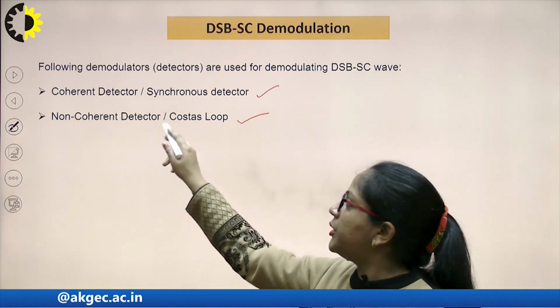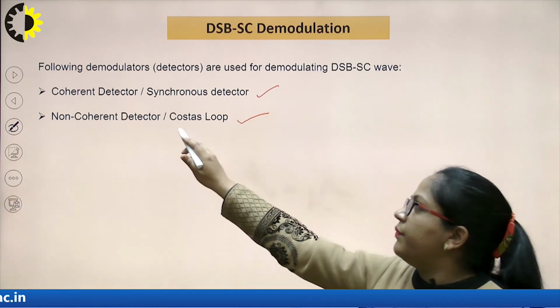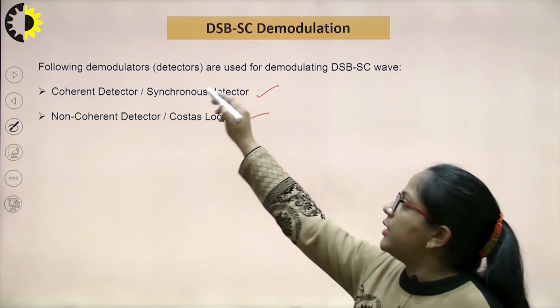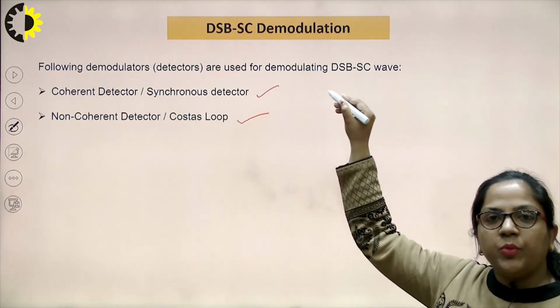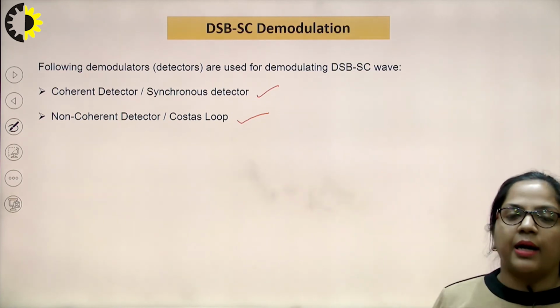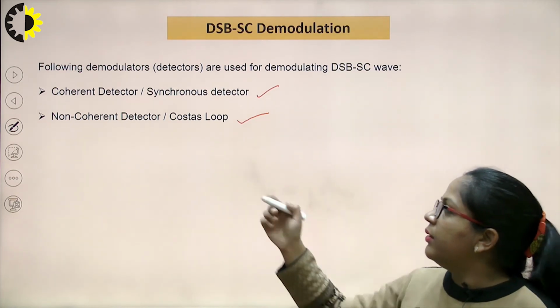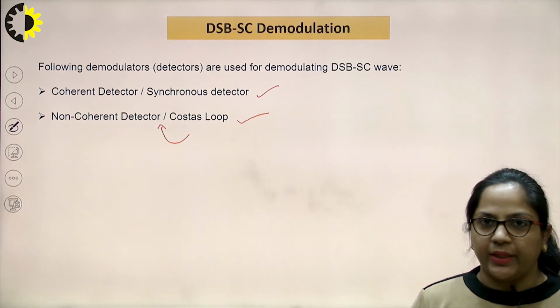In non-coherent detection, it is quite simpler, but here we do not have any need of carrier signal. So in case of coherent detection or synchronous detection, we used to get the demodulation or the detection of the amplitude modulated waveform in a more accurate manner, while the other method is easier to implement.